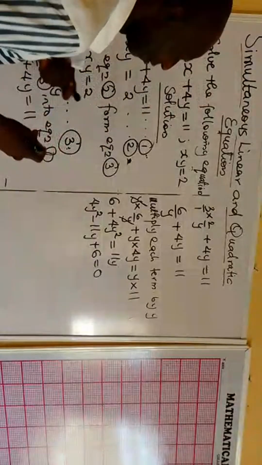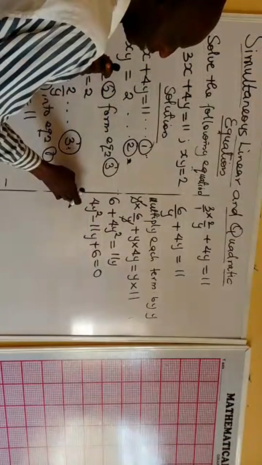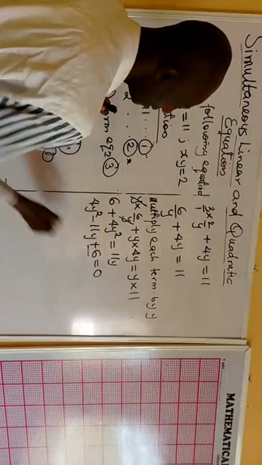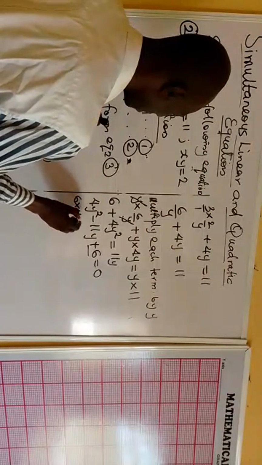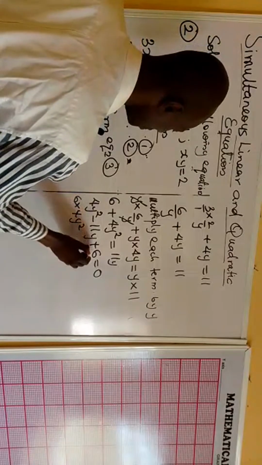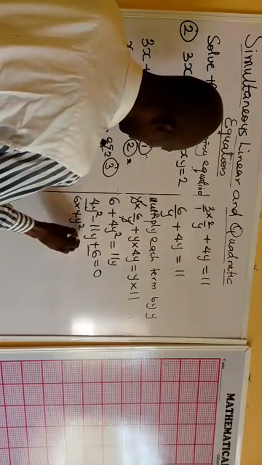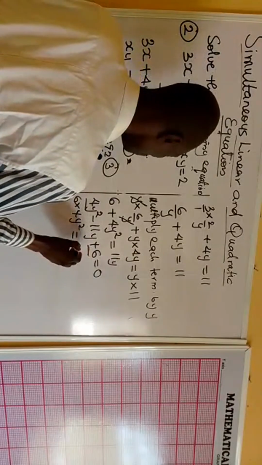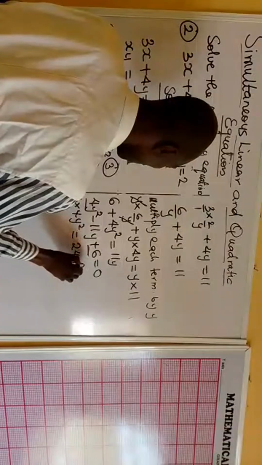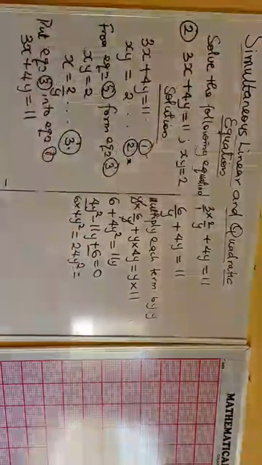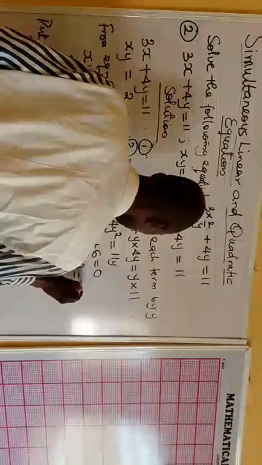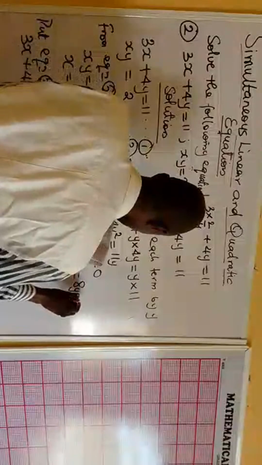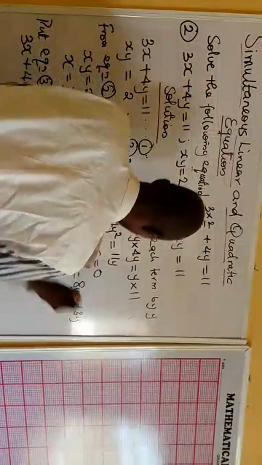So when you want to factorize the left hand side, this is a constant number, I will use it to multiply 4y squared. This multiplied by this gives us 24y squared. Now, what are the two numbers that will multiply to give us 24? There are 8y and 3y.